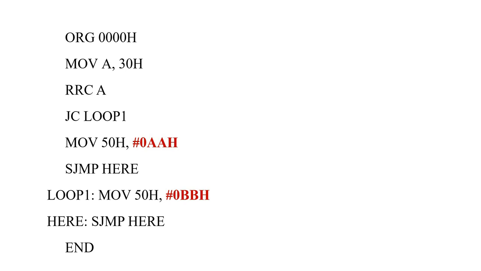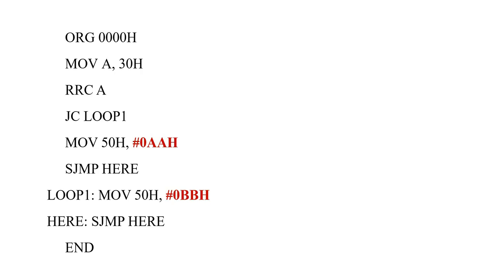In case the given number is even, suppose the given number is A2 instead of A5, the LSB at that time will be 0 and the carry will also be 0, so it should not jump to LOOP1. Instead it should go immediately to the next instruction and store AAH at the memory location 50H.